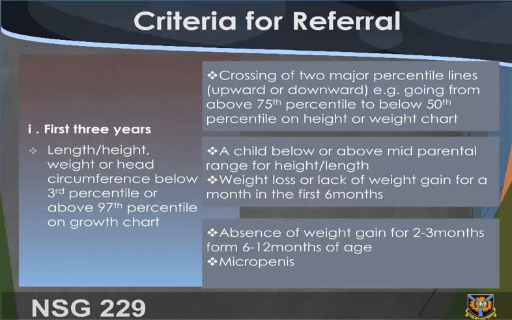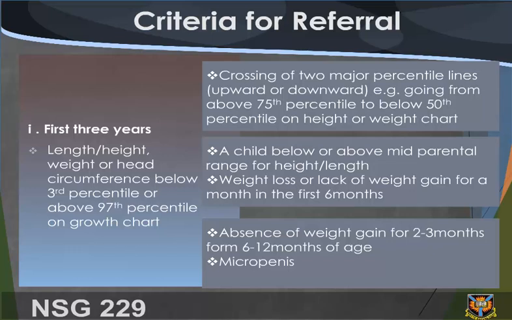Crossing of 2 major percentile lines upward or downward, e.g., going from above 75th percentile to below 50th percentile on height or weight charts. A child below or above mid-parental range for height or length, weight loss or lack of weight gain for a month in the first 6 months. Absence of weight gain for 2 to 3 months from 6 to 12 months of age.